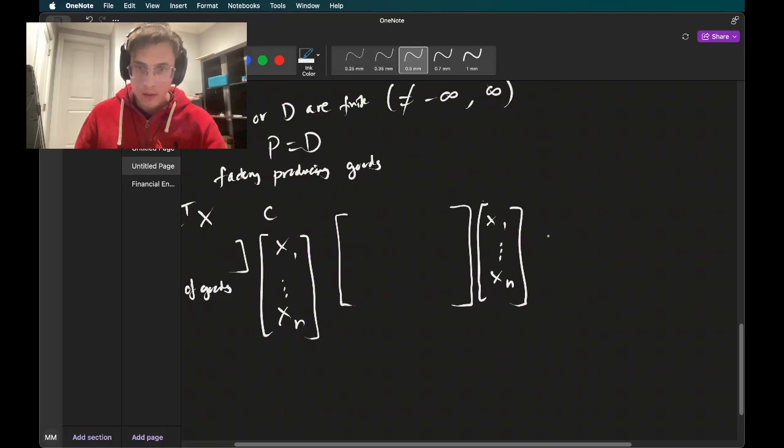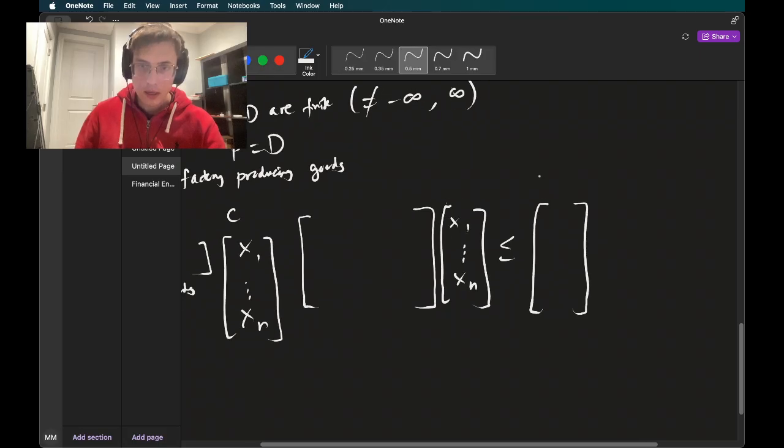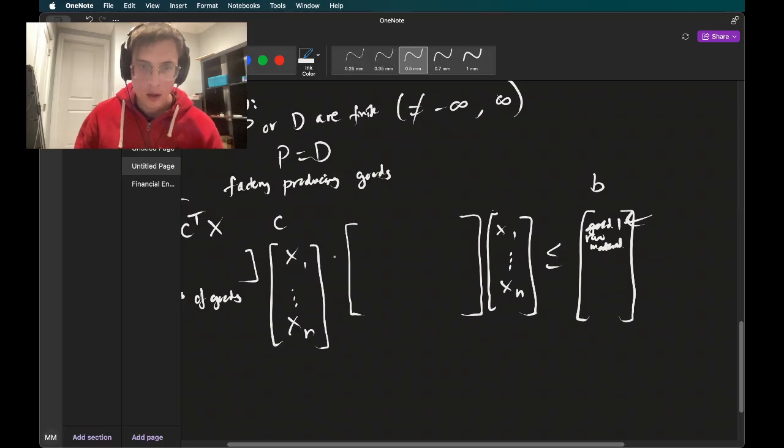And then we're constrained with our factory only has, let's say, b amount of raw material. So here's raw material 1, and we only have this much raw material. So this is our constraint.